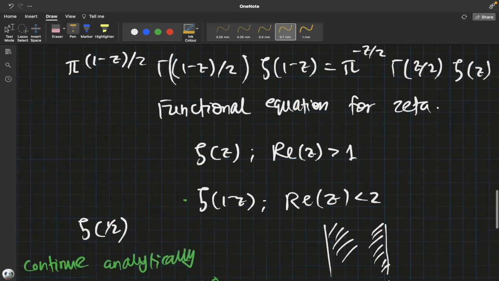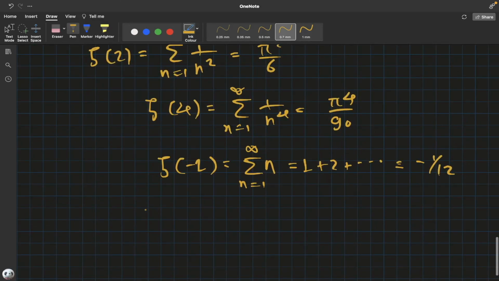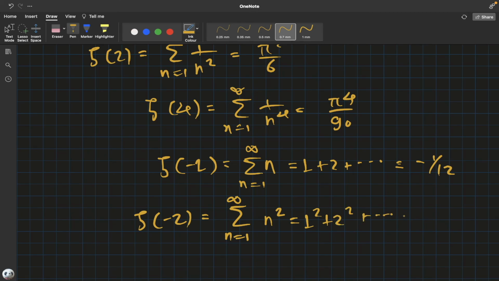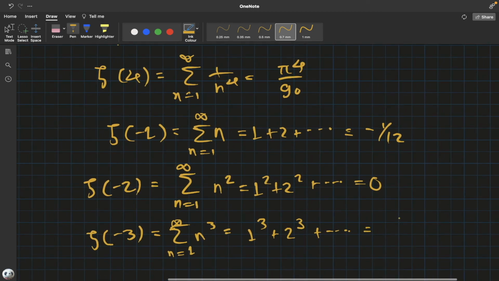Just plug the right things in. And this is justified because of analytic continuation. Riemann zeta of minus 2, the sum from n equals 1 to infinity of n squared, 1 squared plus 2 squared plus so on, is 0. Zeta of minus 3 is the sum of n cubed, which is 1 cubed plus 2 cubed plus so on, 1 over 120.